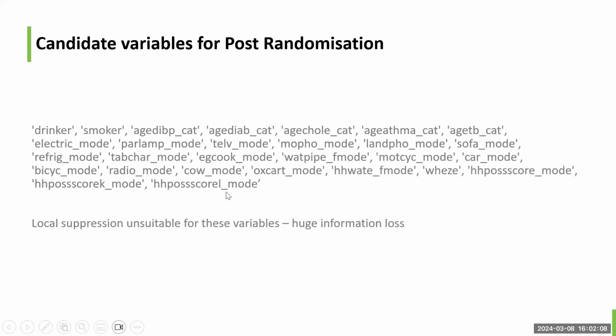And then this list of variables here are things that people see.